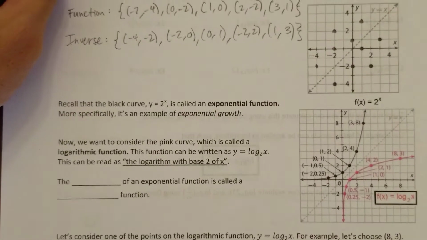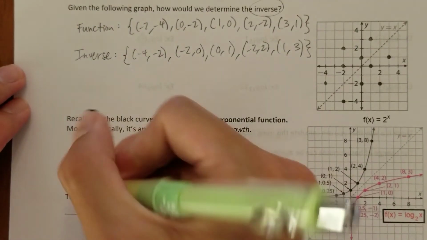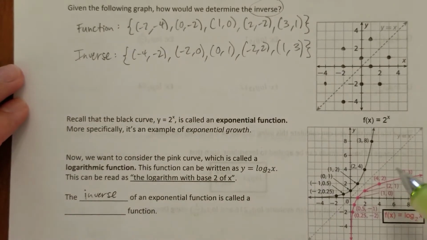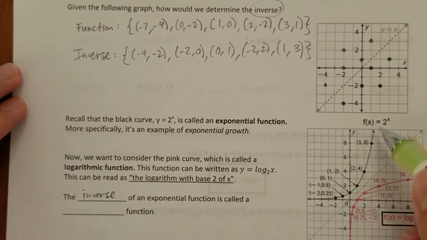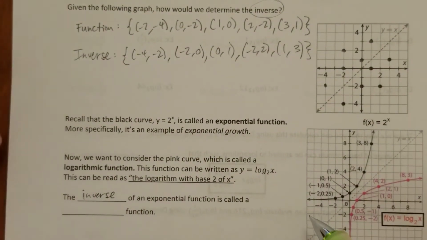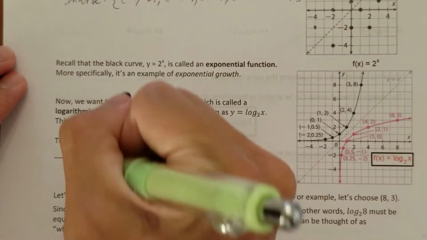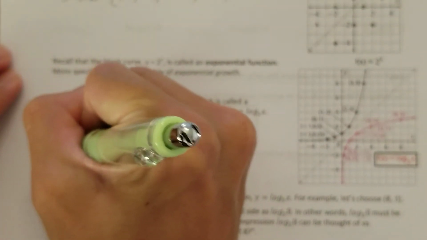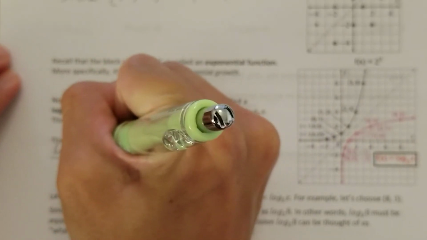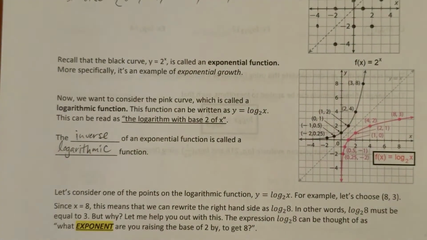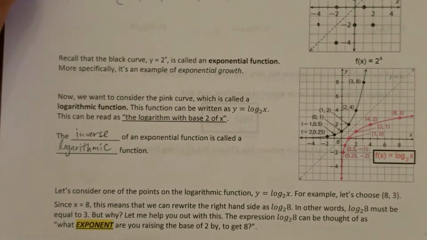What this implies is that, because it's a mirror image, the inverse of an exponential function is this pink curve. This is called a logarithmic function. Okay? All right.